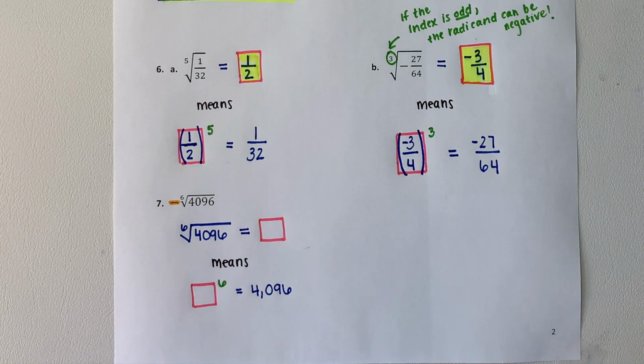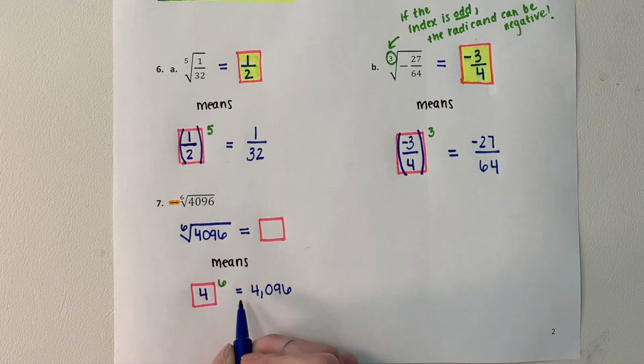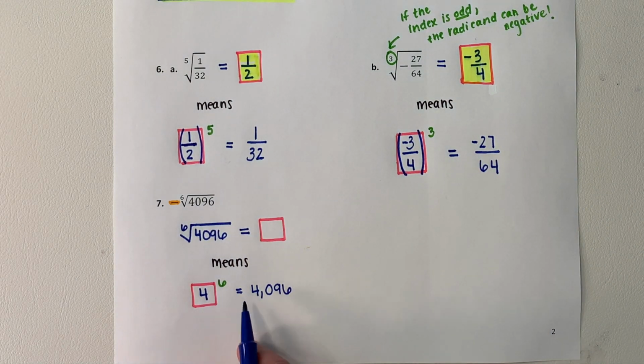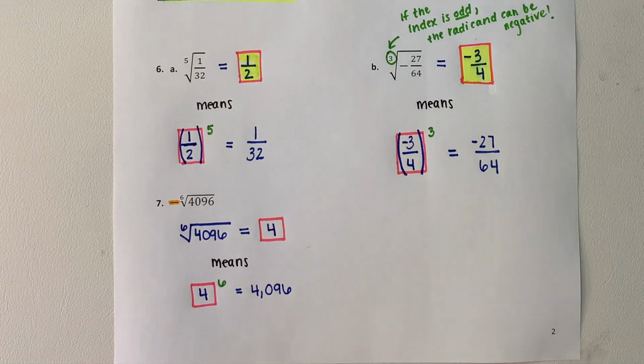So now we have to figure out what number raised to the 6th gives us 4096. You'll probably have to try several numbers in your calculator. Try 2 to the 6th, 3 to the 6th. Once you try 4 to the 6th, you'll see that that equals 4096. So, since 4 to the 6th equals 4096, that means that the 6th root of 4096 equals 4.